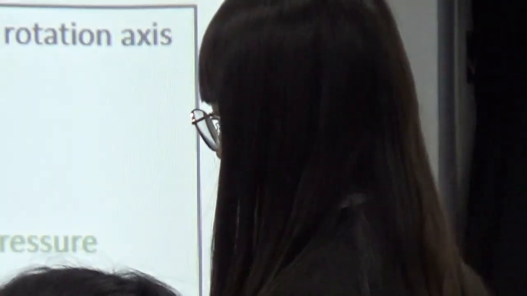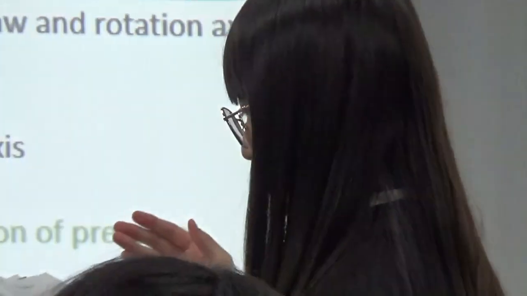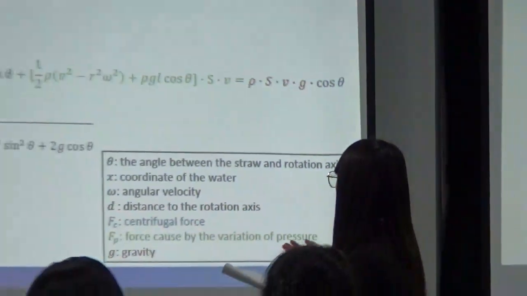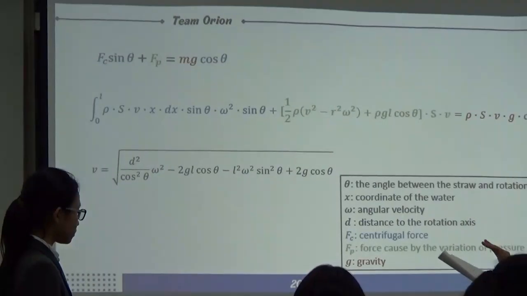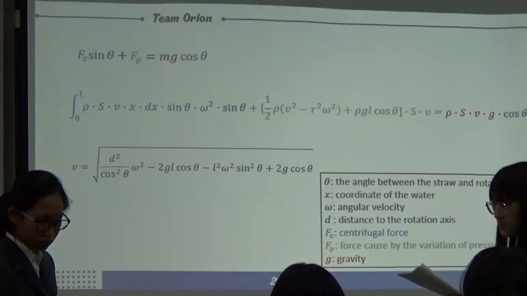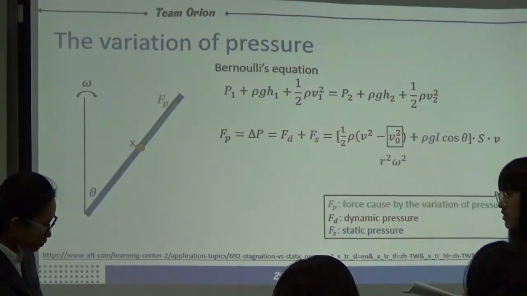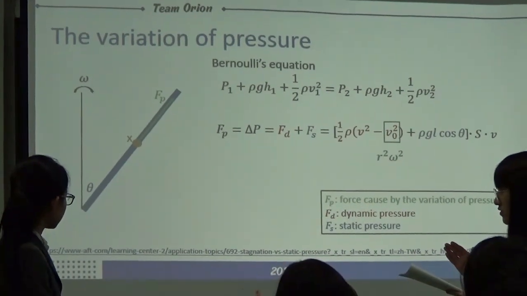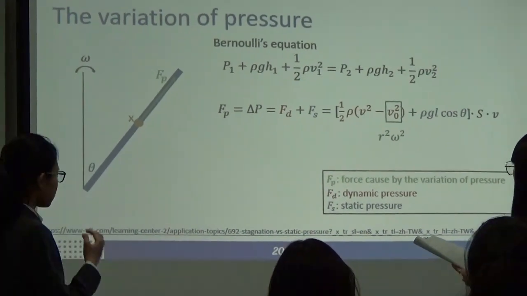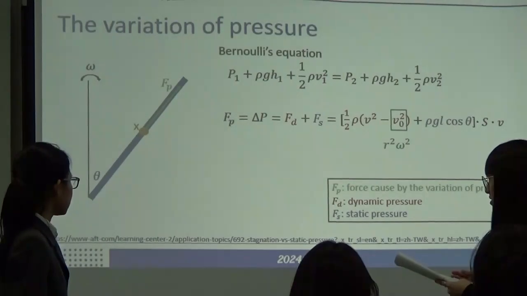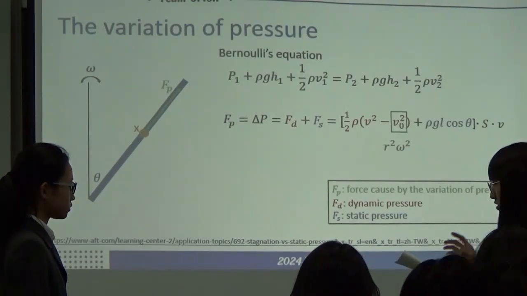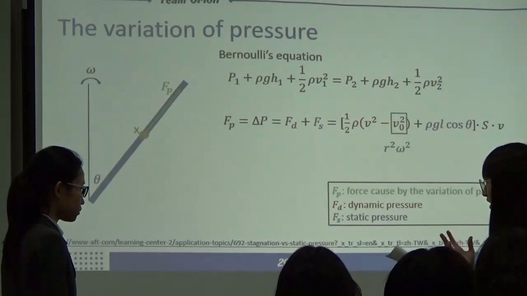Okay, and I have some questions about the Bernoulli equation. I know that the Bernoulli equation is used in ideal situations, and one of the ideal conditions is that it can't rotate.